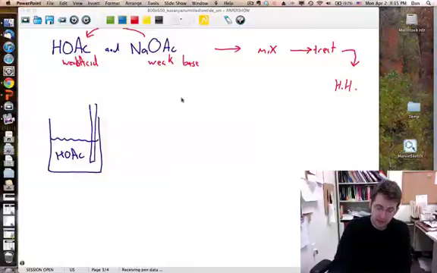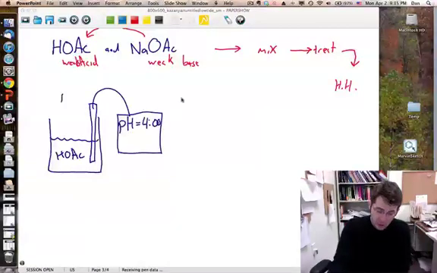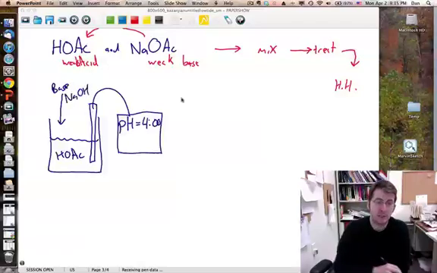Sometimes you pop a pH probe into it, and then you start adding base, such as a strong base like sodium hydroxide. And then you add the sodium hydroxide until you reach the pH appropriate for the system. Now, as you add that sodium hydroxide, all of that weak acid starts to react.